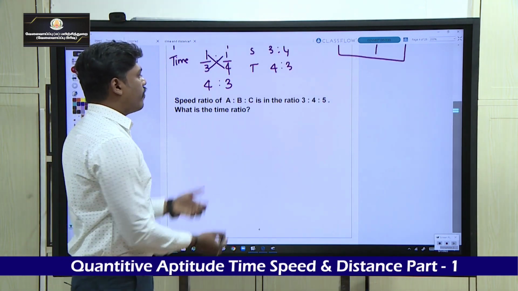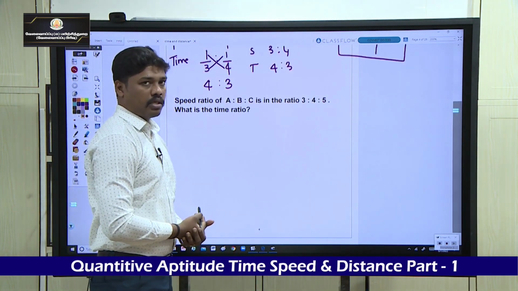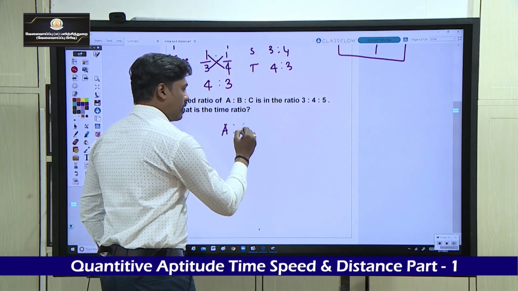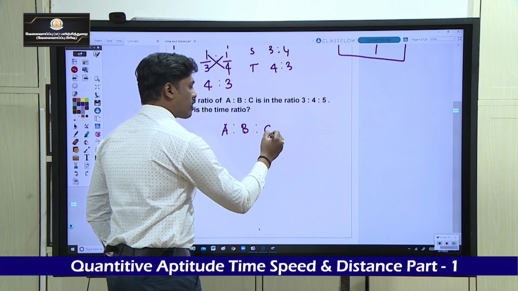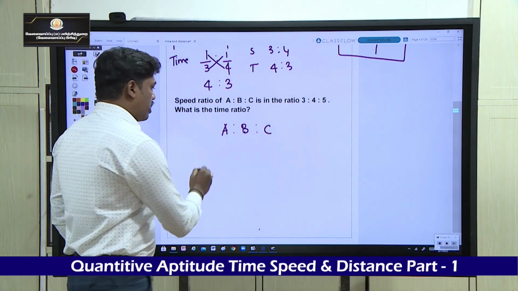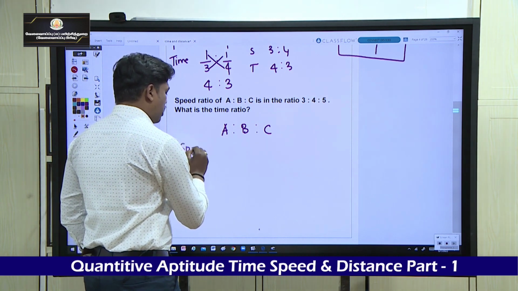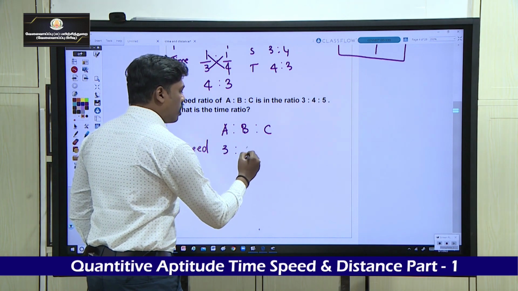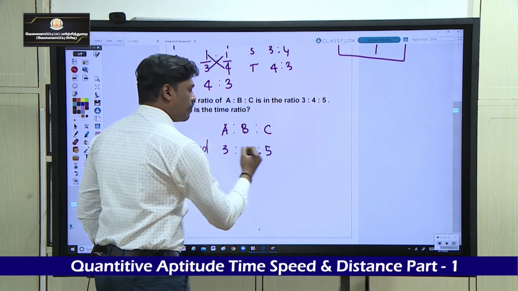Now look here. Previously we saw two persons, A and B. Here we can see three persons, A, B and C. They are moving at a speed, and the speed ratios are 3:4:5.